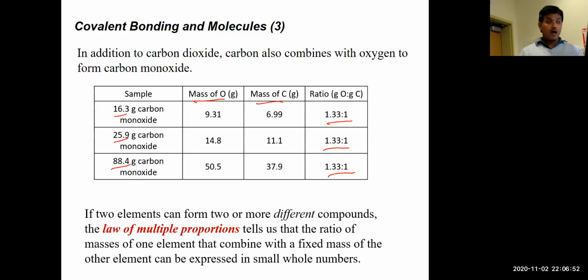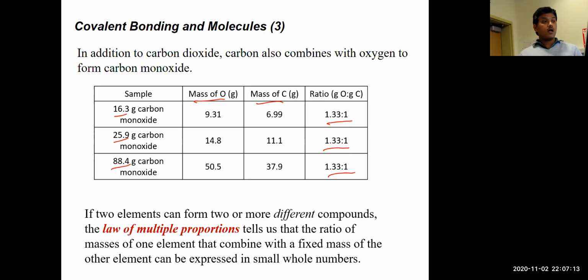So according to the law of multiple proportions, the ratio of the masses of one element that combines with a fixed mass of the other element can be expressed in small whole number ratios.